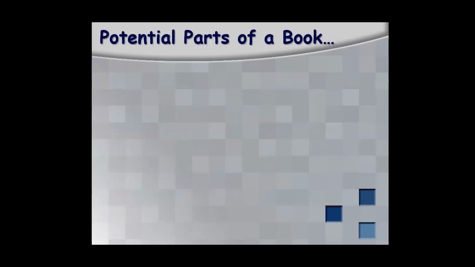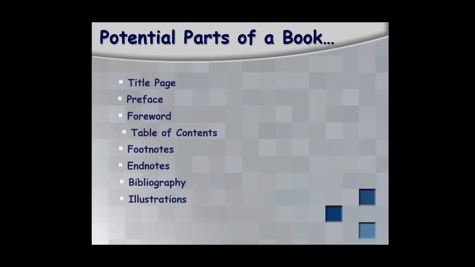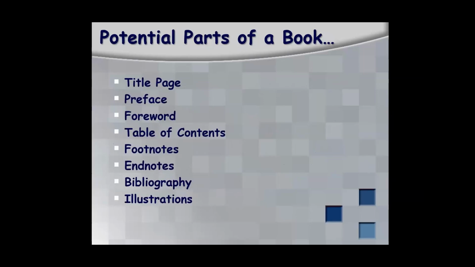So I know you know this, but you probably haven't seen it on a screen before. So here we go. Potential, and that's the operative word here, potential parts of books. All these are potentially part of a book that may or may not have your ancestor in it, but may, whether it has your ancestor or potential ancestor in it or not, provide you with an amazing amount of data, right?